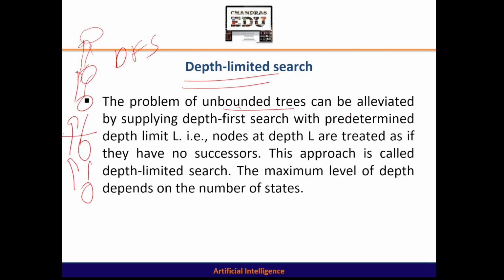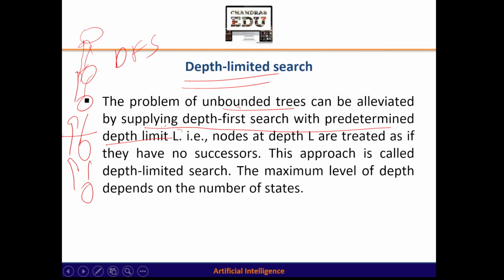That can be avoided by using depth first search with a predetermined depth limit. So we can avoid the condition where it keeps going to a longer depth without getting the solution. In that case, we can go with the DFS itself, but we will limit the depth up to which we can go.